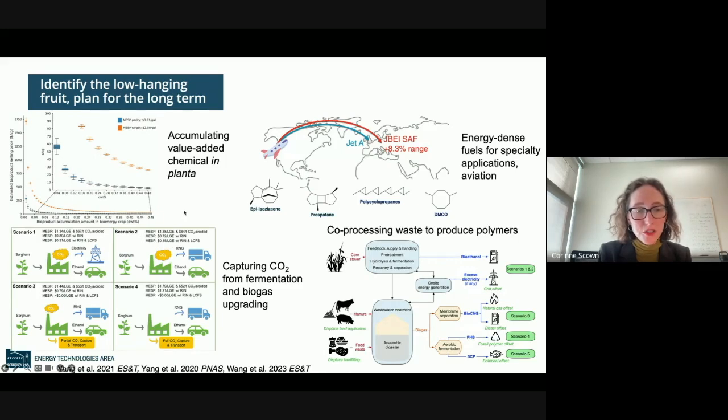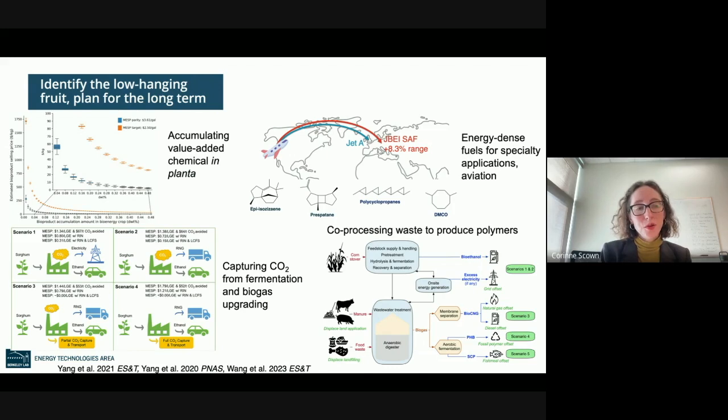The other thing we can do for earlier stage technologies is set performance thresholds. This is a paper we published in PNAS about accumulation of value-added chemicals in plants directly. This happens commercially for some things, with cannabinoids being an example. But you can do it for all kinds of interesting products that would be useful replacements for petrochemicals we use today.